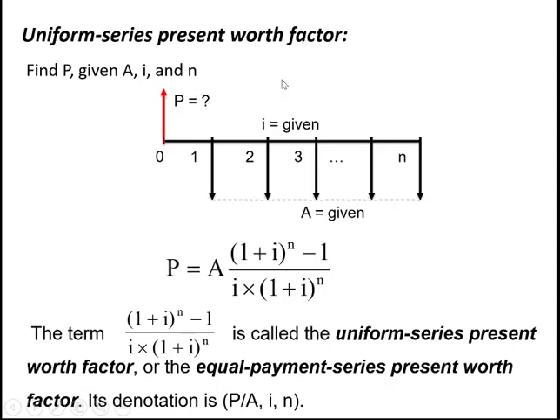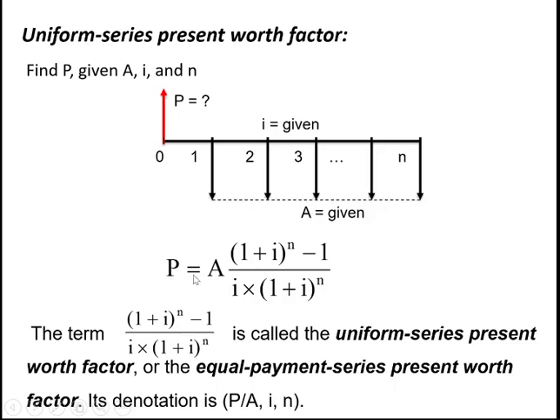We draw the cash flow diagram like this, with the number of periods 36, and the equal payment series is $500, and the interest rate is 0.6%.